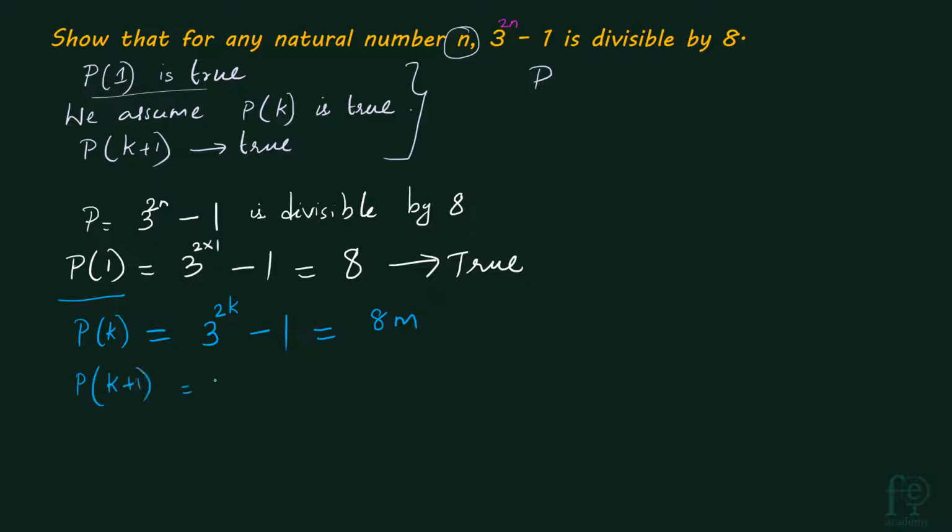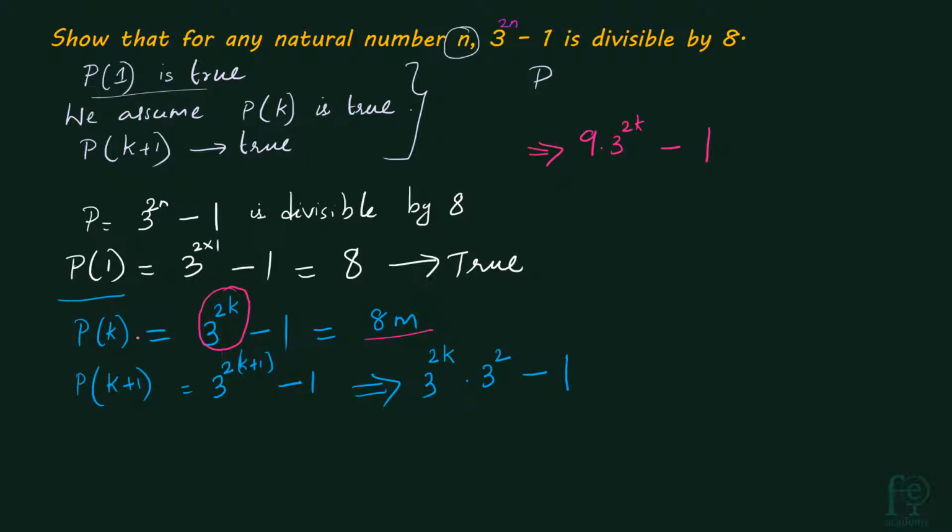So what is P of k plus 1? It will be 3 raised to 2k plus 1 minus 1, which will give you 3 raised to 2k into 3 square, isn't it? 3 raised to 2k into 3 square minus 1, which will give you 9 into 3 raised to 2k minus 1. So what is 3 raised to 2k? From this statement you will be getting 3 raised to 2k is equal to 8m plus 1.